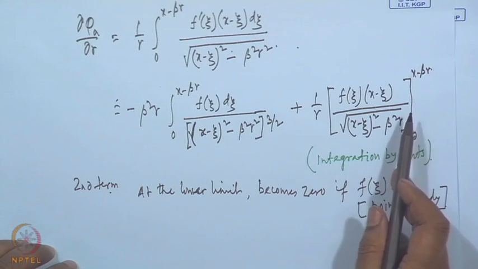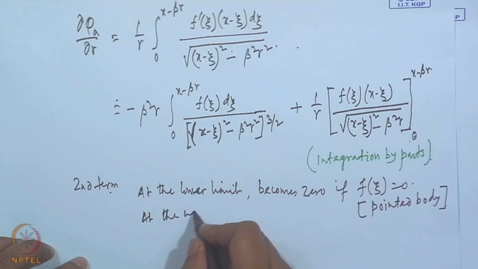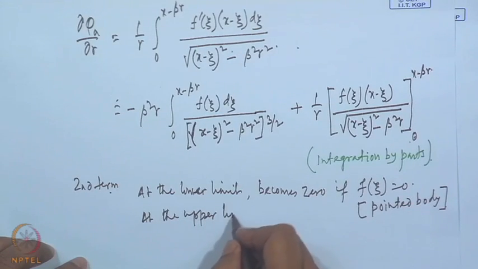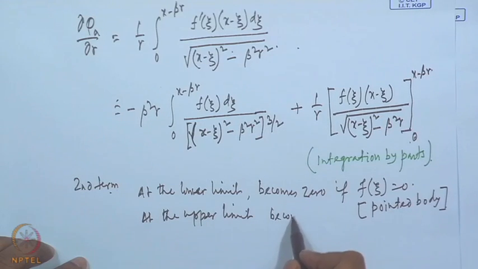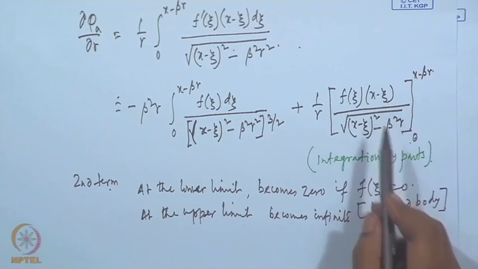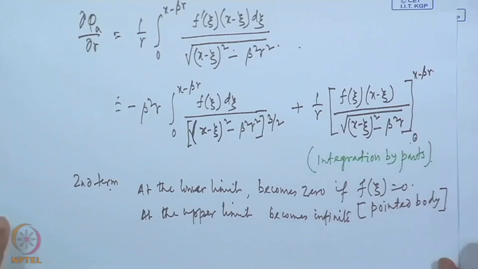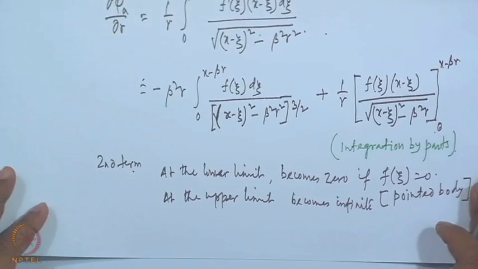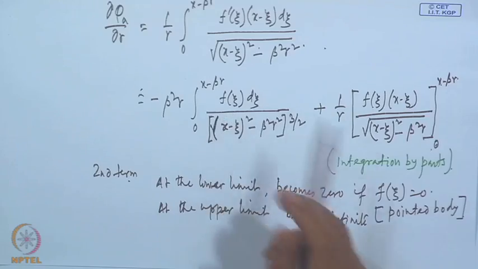And at the upper limit, this term becomes infinite. So, it is the rule of integration to consider only the finite part of the first integral.